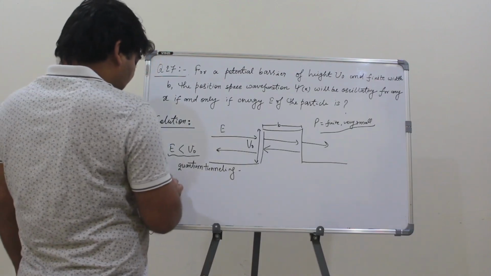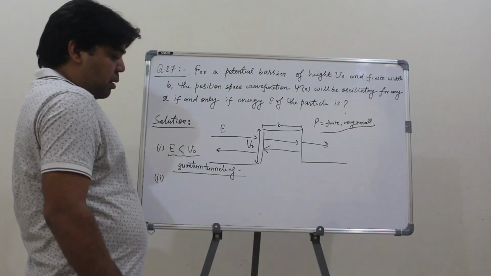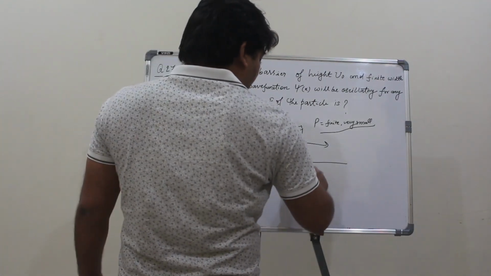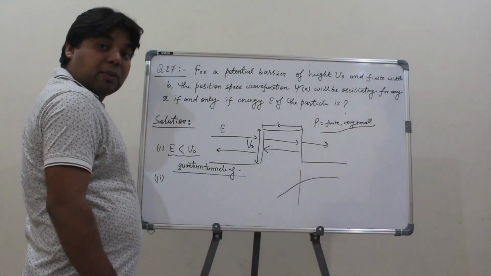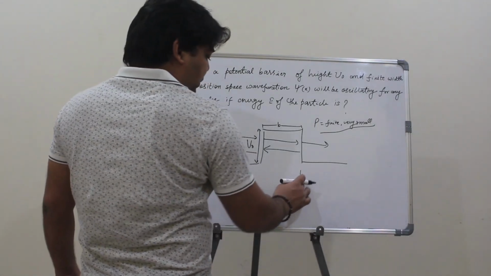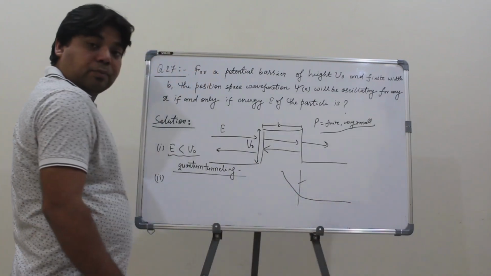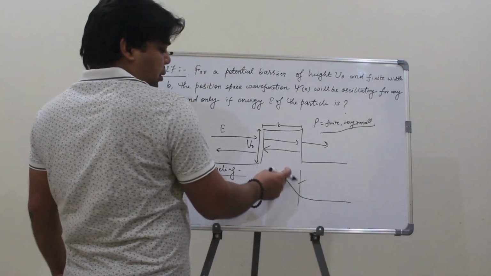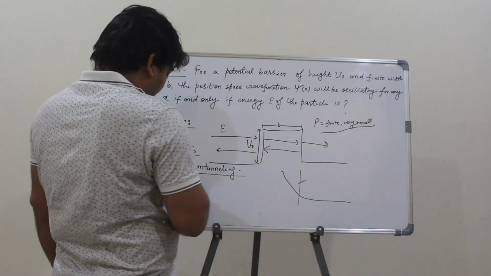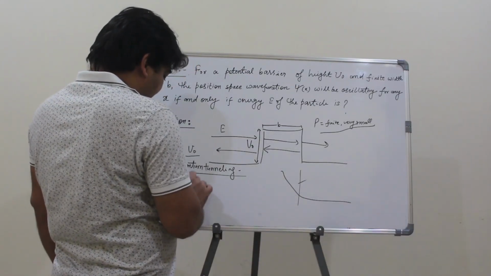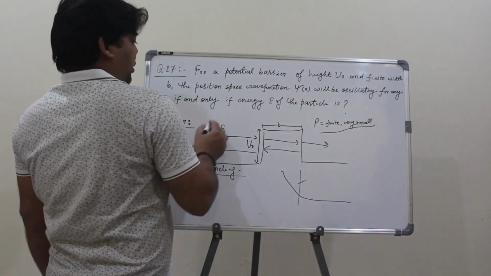Now in this case, the solution will be something like it crosses the barrier like this, right? With a very small probability, obviously, like this, right? So the probability will be very small. And the second case will be E greater than u naught, right?